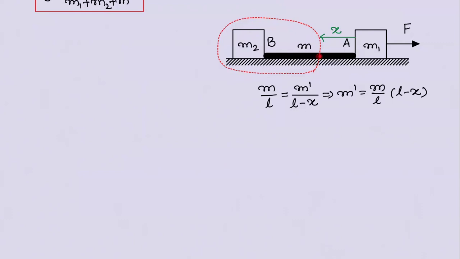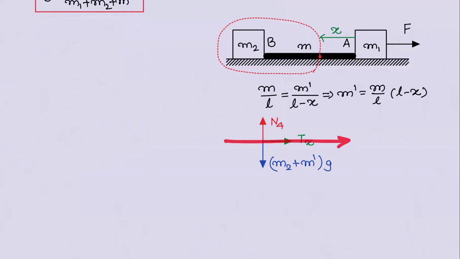To calculate the tension at this point, we take this entire mass and we write the free body diagram. Downward mg, that is (m2 plus m dash) into g, upward normal force n4, and towards the right, tension T at a distance x, so let us call it Tx. If you use Newton's second law, the net force along the x-axis will be equal to ma.